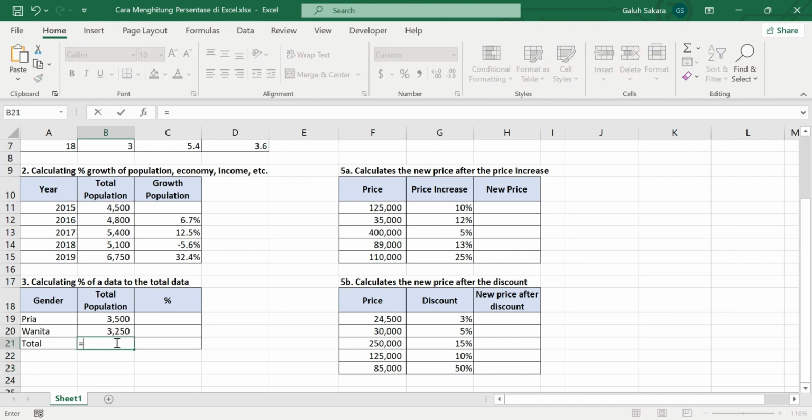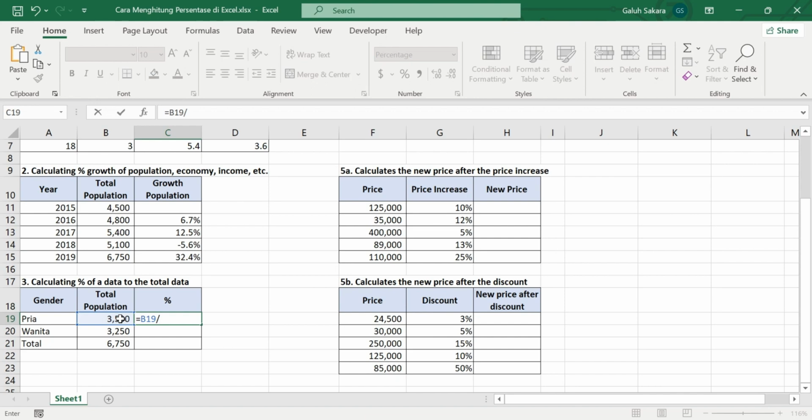There's a gender, male and female, and then total. We need to know the total population. Equal sign, sum, and then just add or count from male gender, and then add with female.